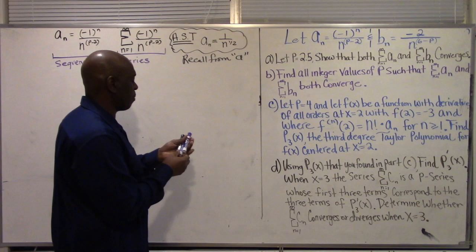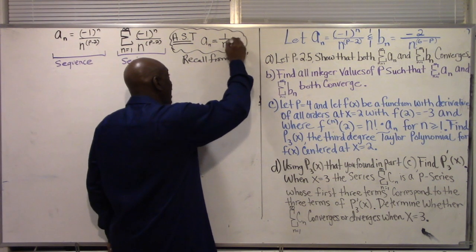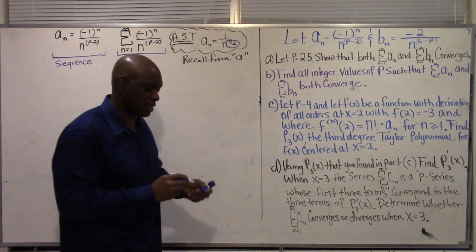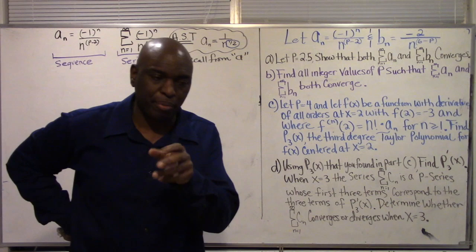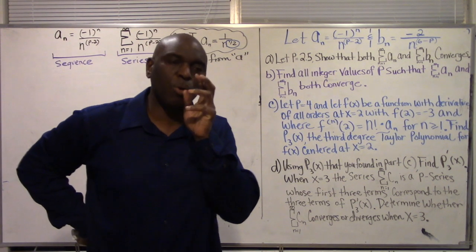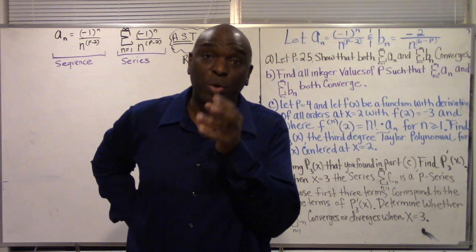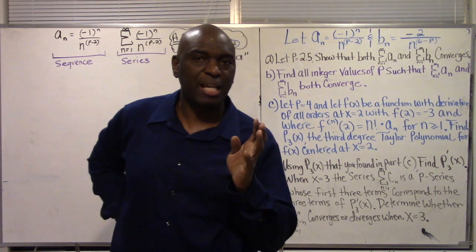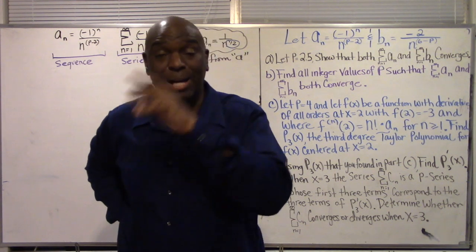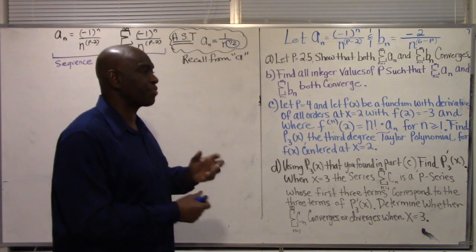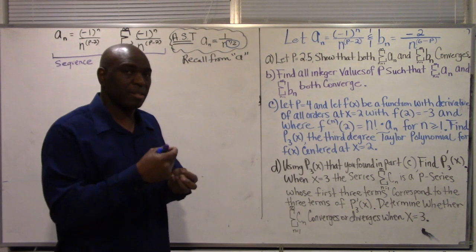Notice that the power of n is 1/2. It's a positive number. So it goes without saying that we will get convergence if n, its power, is positive. It has to be positive. So we have to ensure that our power of n is positive.